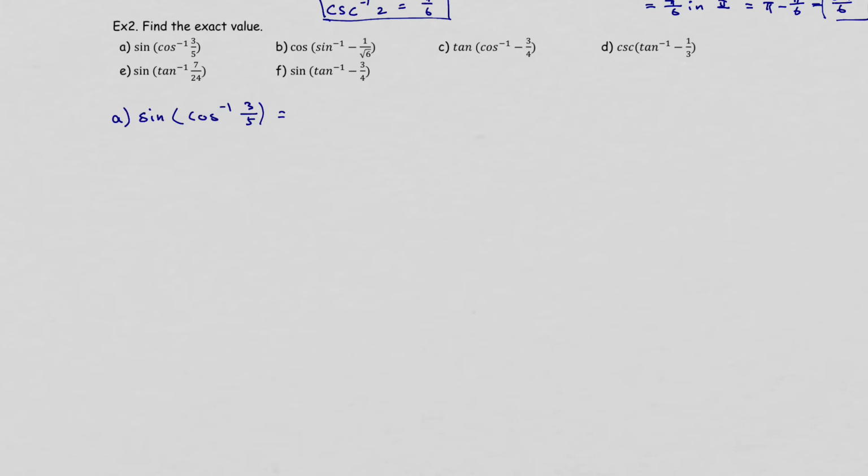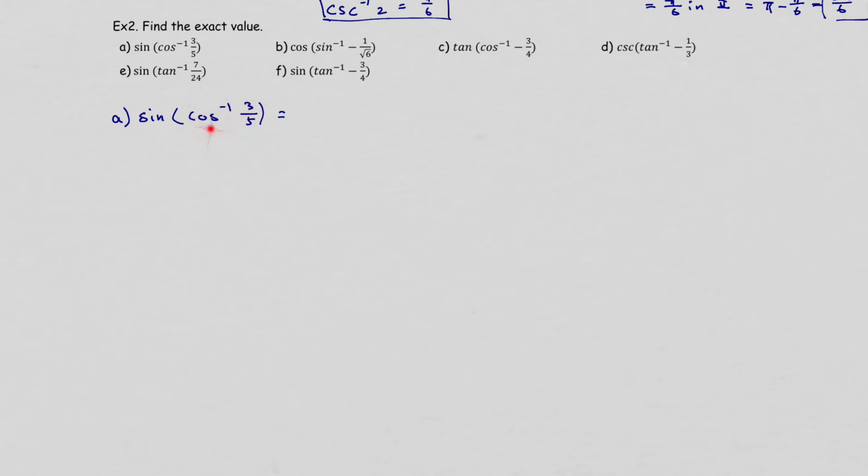What we're asking here is, what's the angle of the triangle when the cosine is 3 over 5, right? Once we find the measurement of the angle, they're asking what's the sine value of that angle, right?